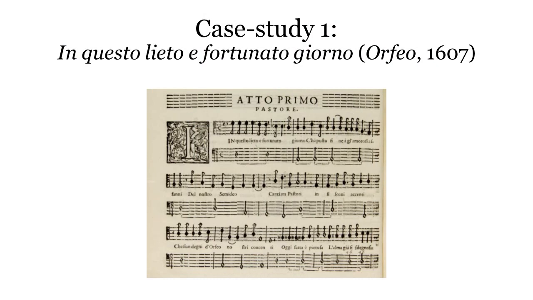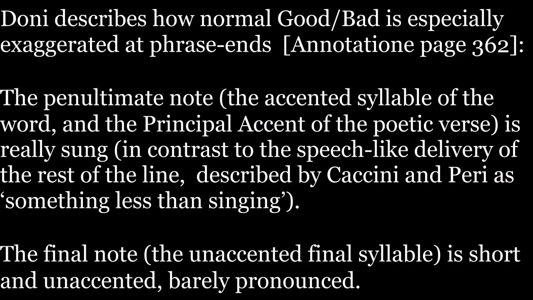And so, in particular at the end of the phrase, Italian poetry nearly always ends up with a bad syllable. Here the last word is giorno. So this no is pronounced, when you speak, short and light, giorno. So although those two notes look equal, we know they will be performed very unequally. Giorno, one good, one bad.